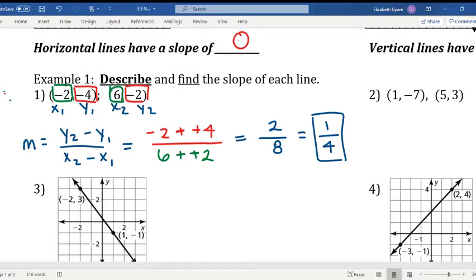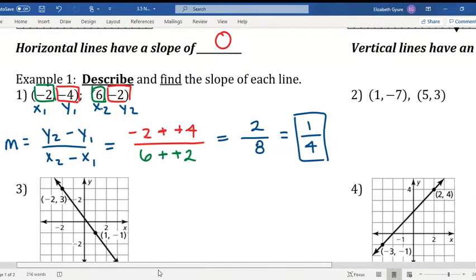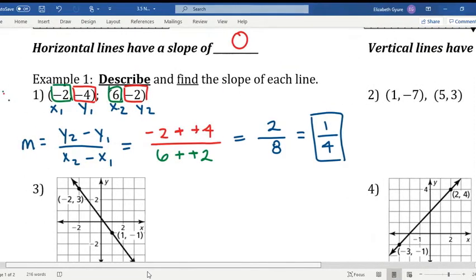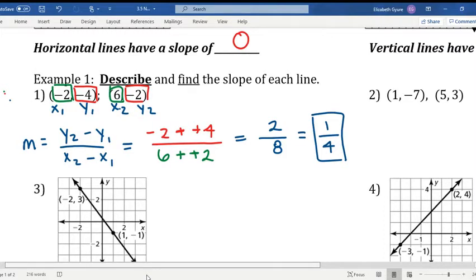All right, we're going to try that with another one, with number 2. Do we all have this copied down before I move over? Okay. All right, number 2 is going to be very similar.